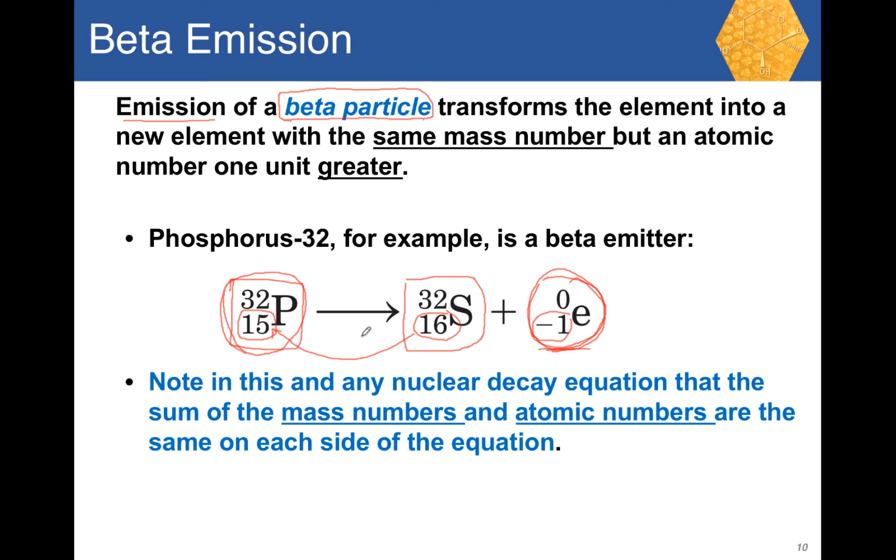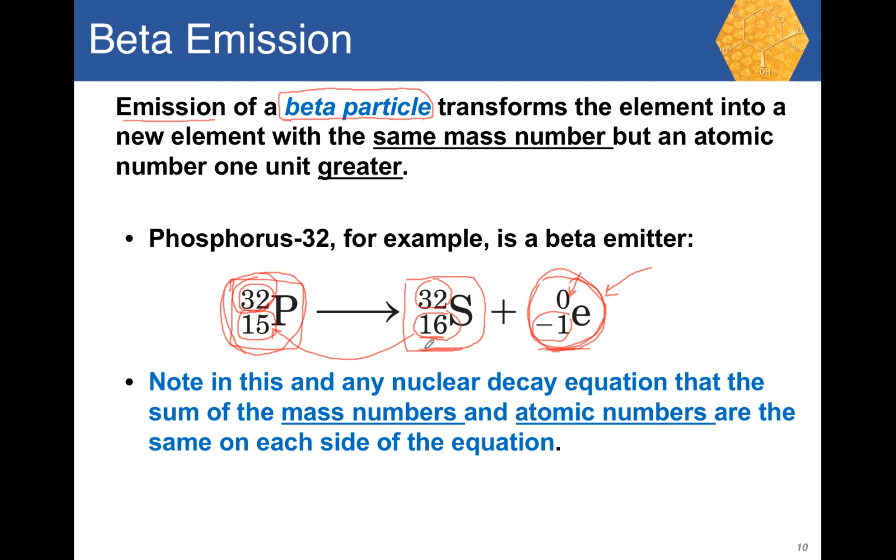So after the emission of the electron, the atomic number of this element is 16. Let's look at the mass number. It's 32 here. It emits an electron, but this is 0. So this number here and this number here will be the same.